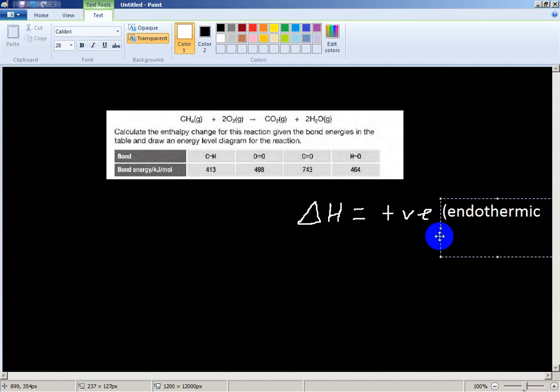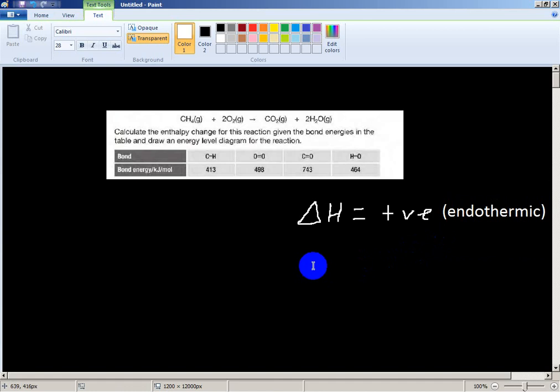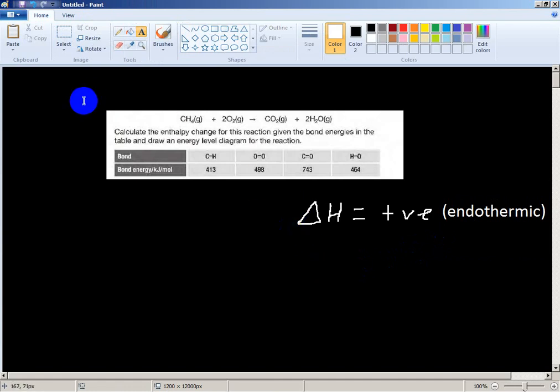Endo means in, thermic means energy. Here energy in. If delta H is a negative value, the reaction is exothermic.